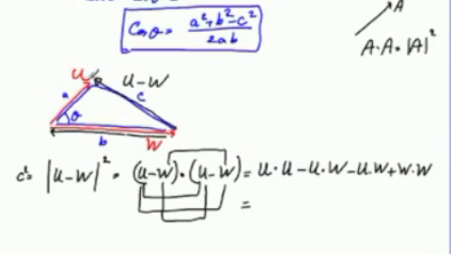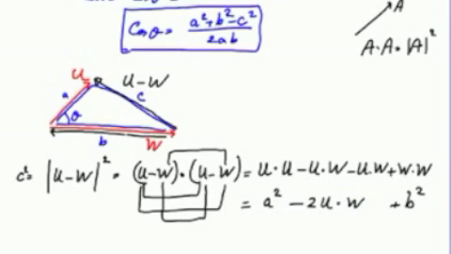Remember, this was U. That is U squared or A squared. Is that right? U dot U is the length of the vector U squared. That's just A squared. How about W dot W? That is the length of vector W squared. That is B squared. What is left in between? That is minus 2 U dot W.